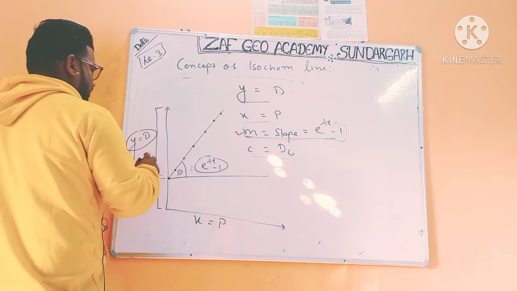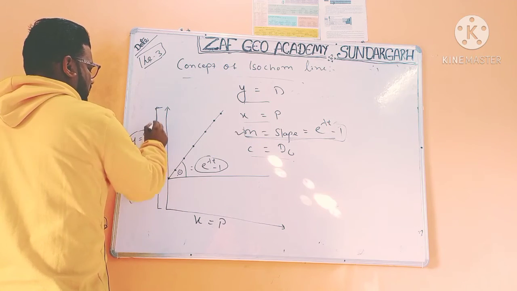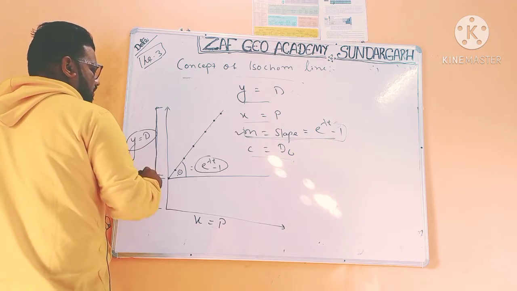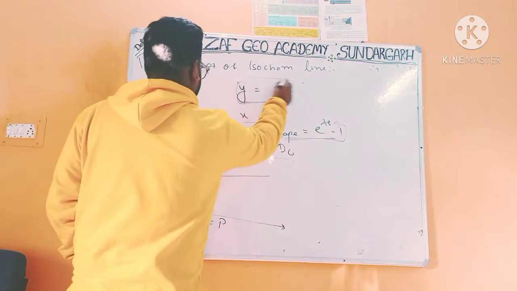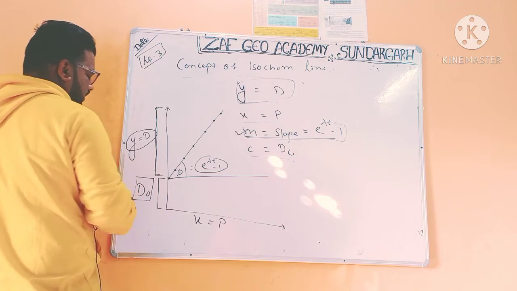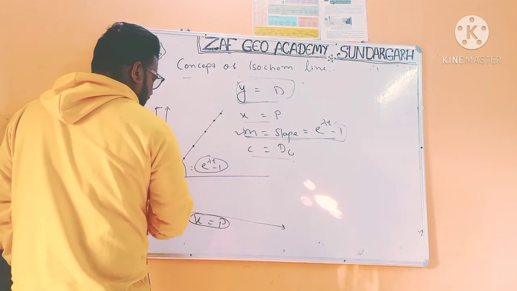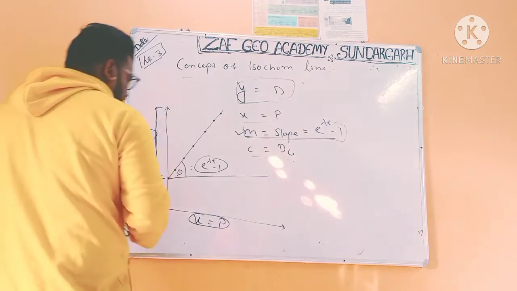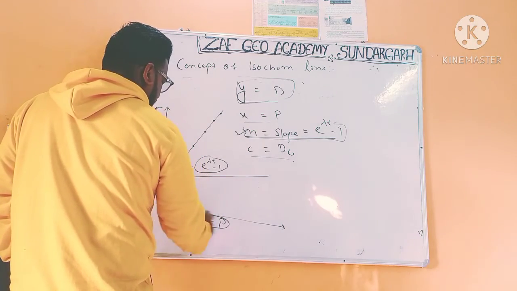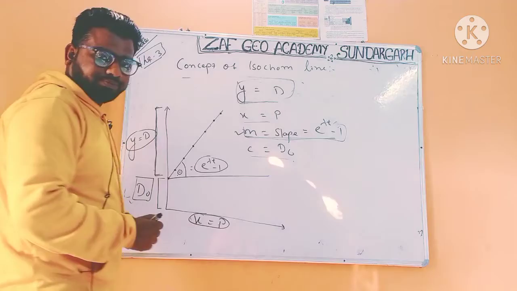Now y is equal to D, the intercept, and it is D naught, the concentration of daughter nuclei. And x is equal to P: the x axis represents the concentration of parent nuclei after time t.